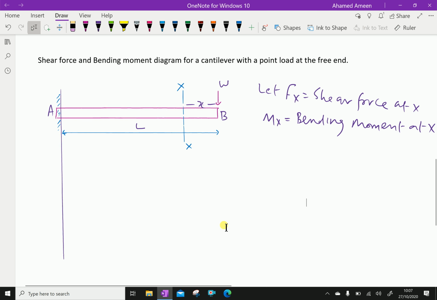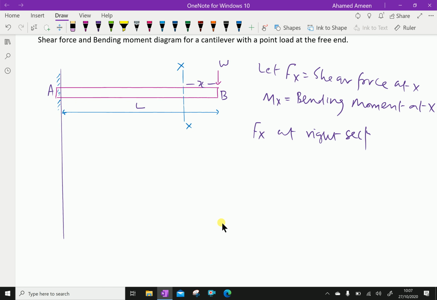Hence, the shear force Fx at the right section is equal to W. We can put it as a positive W. Now the shear force will be constant at all sections of the cantilever.